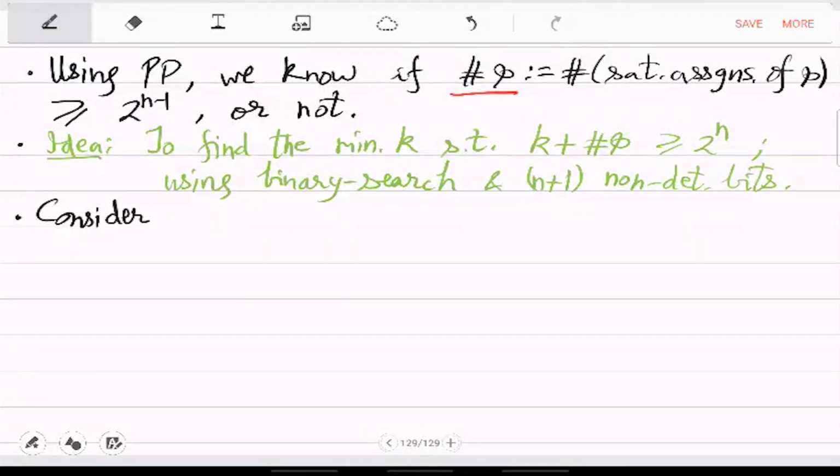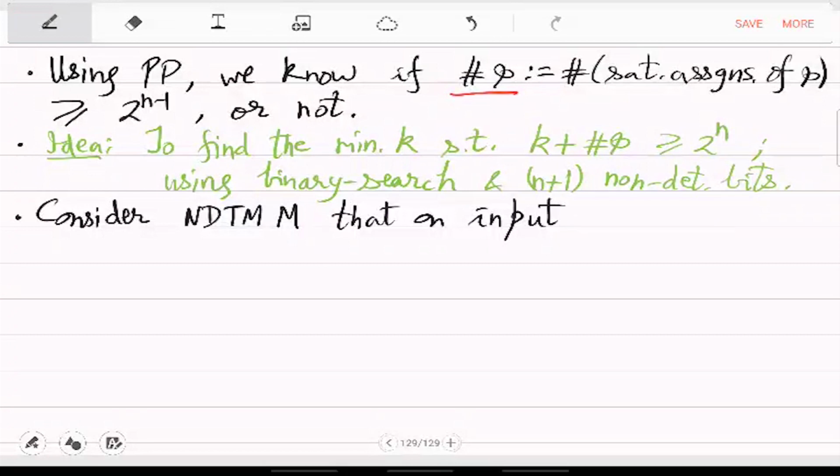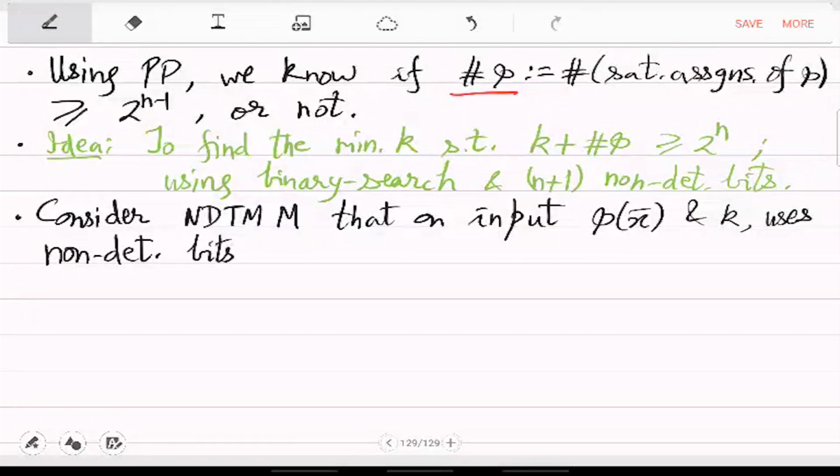So consider an NDTM M that on input phi and k uses non-deterministic bits y0 to yn as follows.